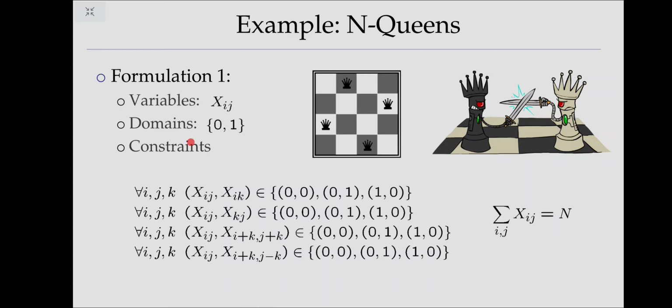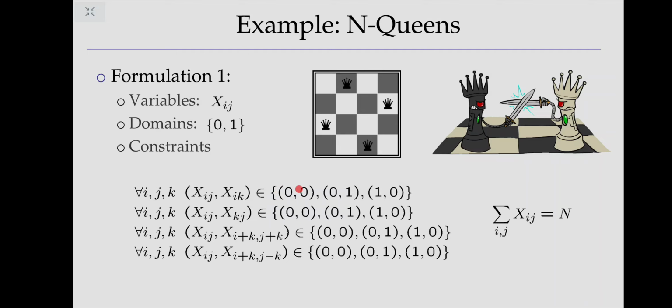For the constraint, please pay attention. The first one, we fix the row. For a fixed row, namely i, at most one queen can be assigned. Because of that, both of the xij and xik can be assigned 0.